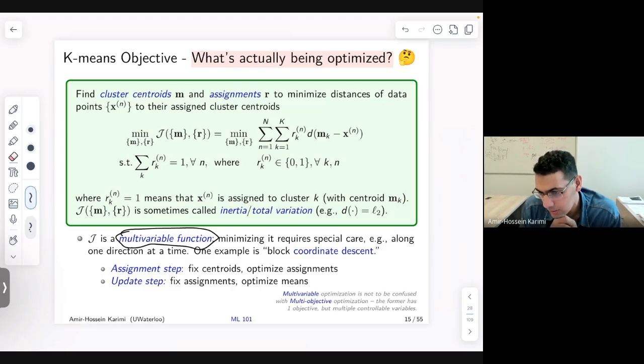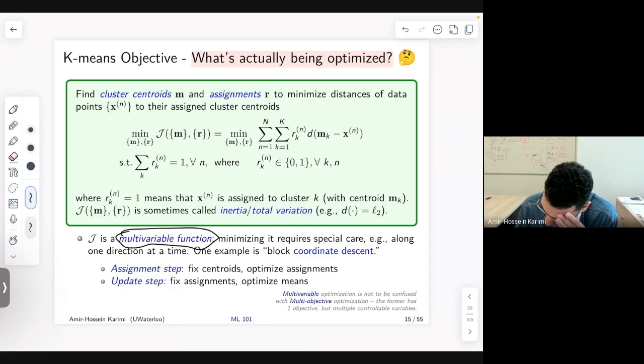Okay. Very good question. Now, just for terminology's sake, I said that J is a multivariable function. This is different from having a multi-objective optimization. What's the difference between these two? Multivariable optimization versus multi-objective optimization. Where have we seen multi-objective optimizations before?